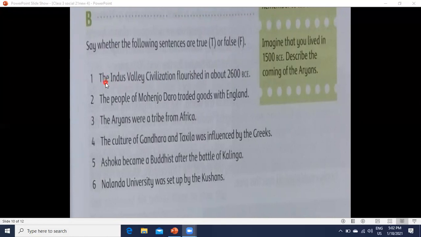Number one is the Indus Valley civilization flourished in about 2600 BC. You can see this on first page of that lesson. The answer is true.